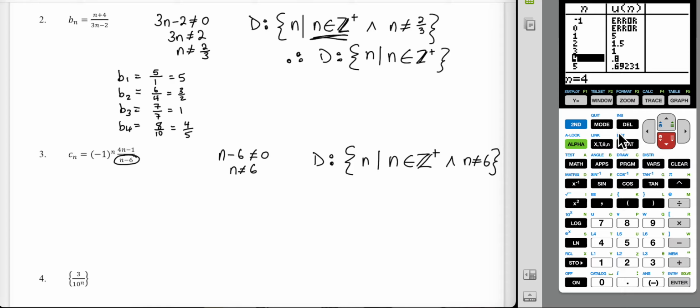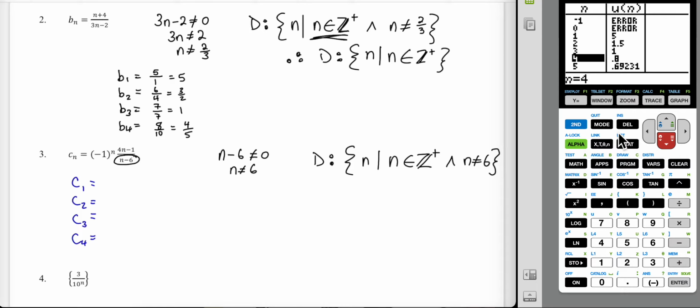All right, so c1, 2, 3, and 4 is what we're looking for here. Now if you put in a 1 as the exponent, -1 to an odd power is going to be -1.